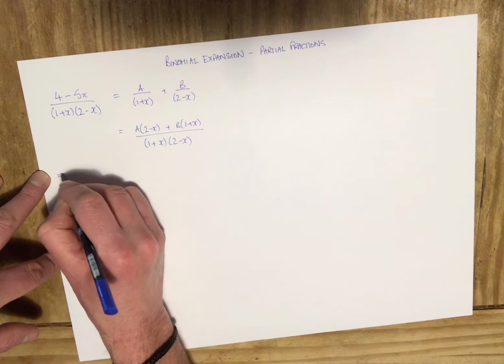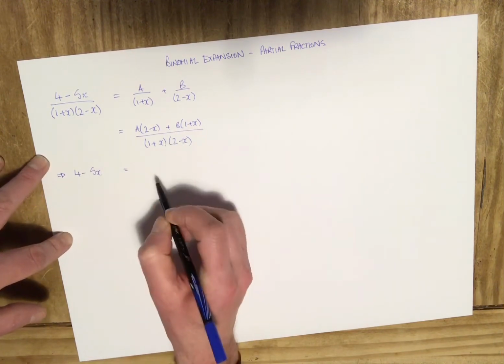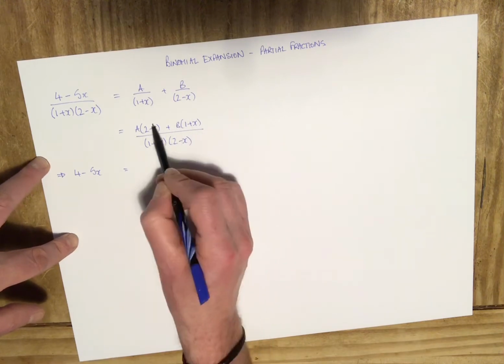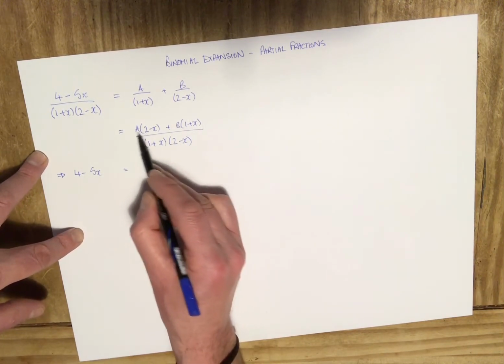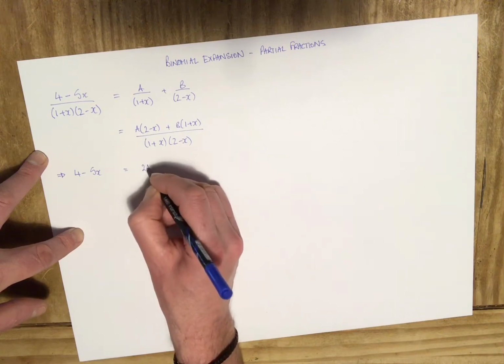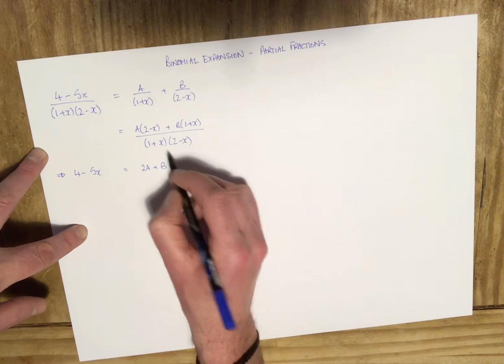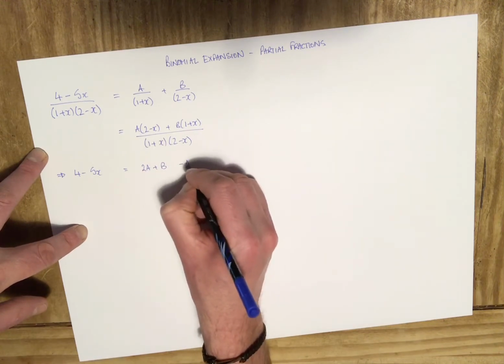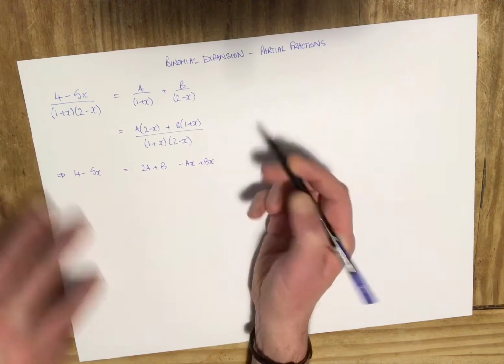So 4 minus 5x must be equal to, now I'm going to multiply this out and bring the numbers together and the x's together. So we'll deal with the numbers first. That's a times 2 plus b times 1. And now the x is minus ax plus bx.